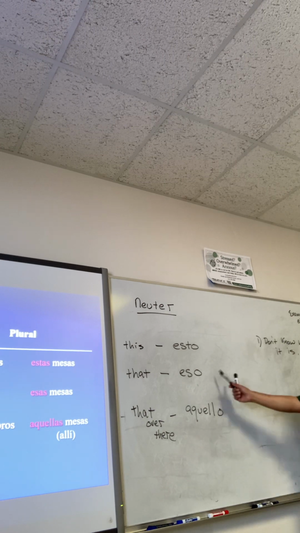So you use the neutral, okay? And because it's farther away, then ¿qué es eso? Okay? I could look and I think I see something on that chair. Hey, Katie, ¿qué es aquello? Well, we usually don't use aquello that often, so I shouldn't even ask that, okay? Strike that, pretend I didn't say it, okay?